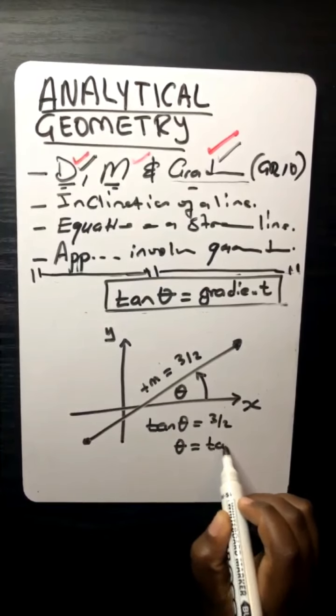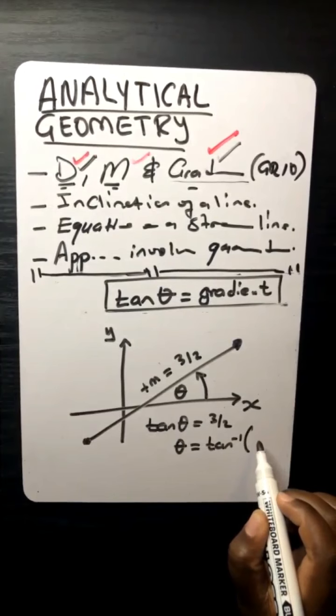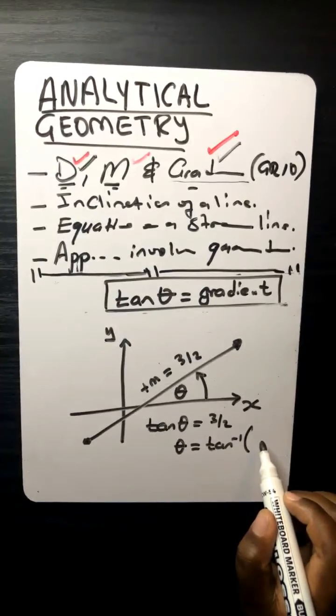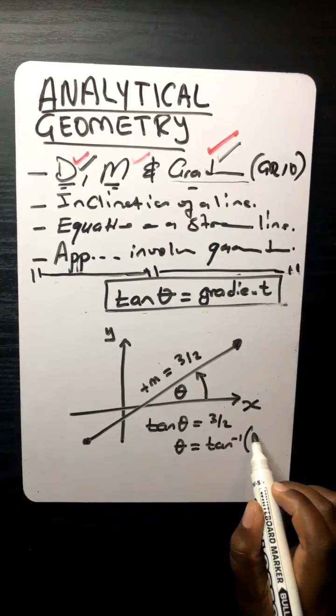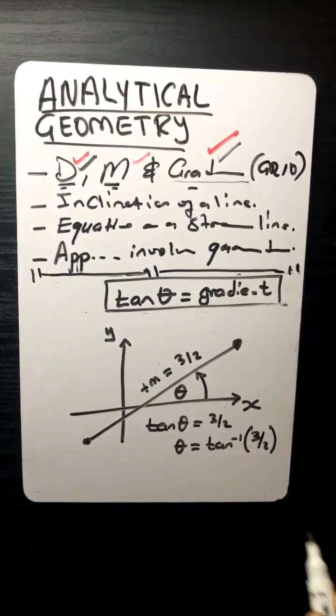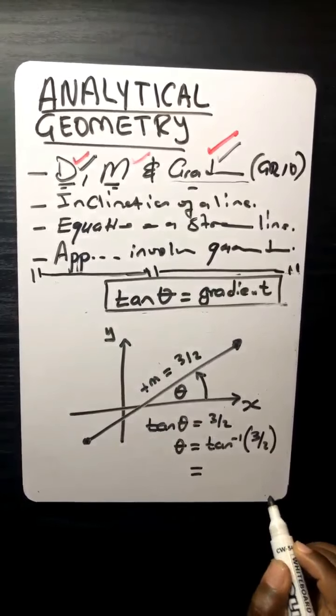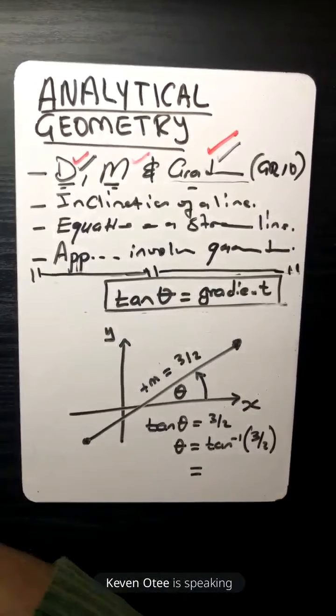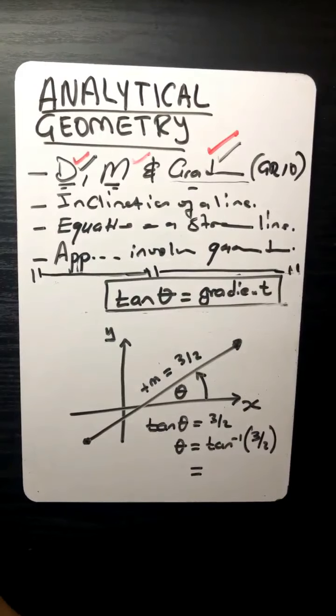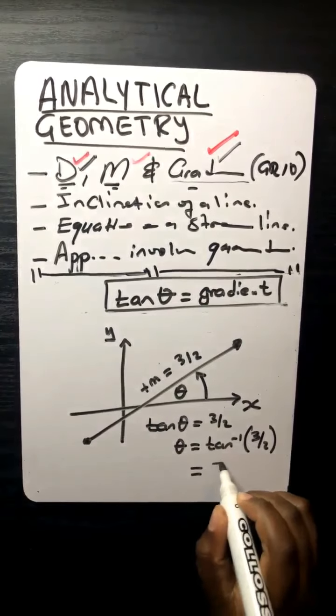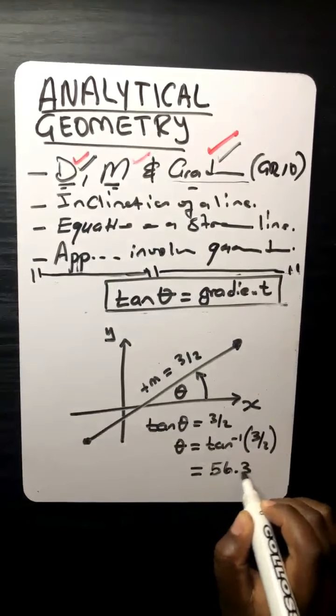But before we do that, I want to ask you guys a question. Are we expecting an acute or an obtuse angle? An acute one. So what is the second function of tan 3/2? 56,31.